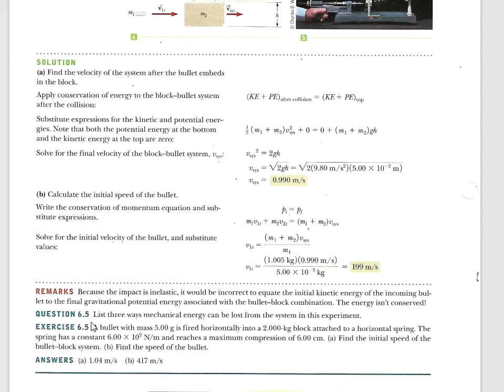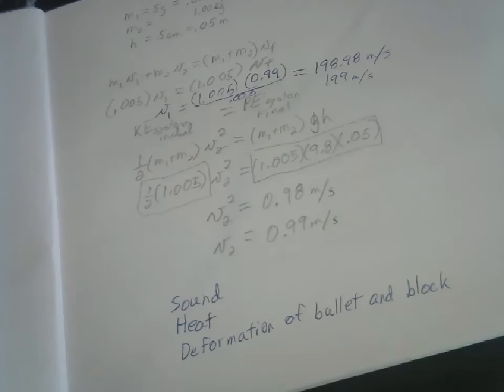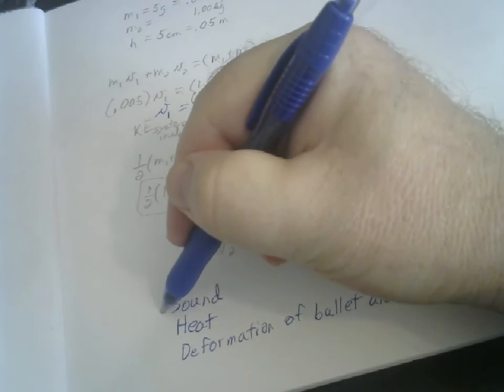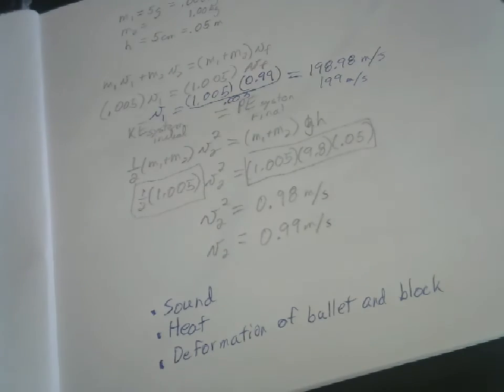Question 6.5. List 3 ways that mechanical energy can be lost from the system in this experiment. That is when the bullet hits the block. There are 3 things: essentially sound, heat, and the deformation of the block.